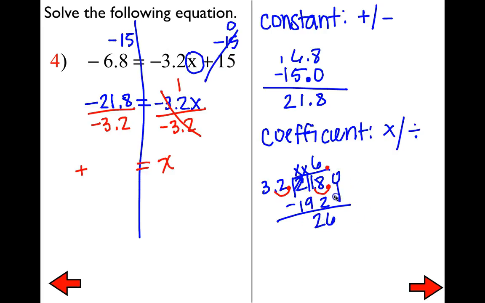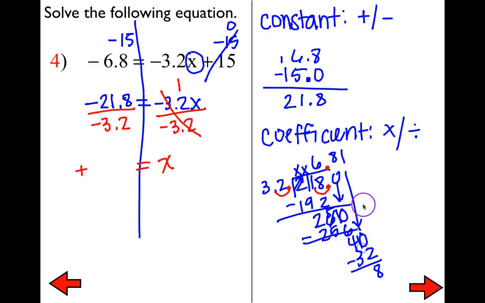Bring down a 0. 32 goes in 216 8 times. 8 times 2 is 16. Carry the 1. 24 plus 1 is 25. Subtract. I'm left with, let's see, borrow. You have a 4. Bring down a 0. That's going to go in once with a remainder of 8.